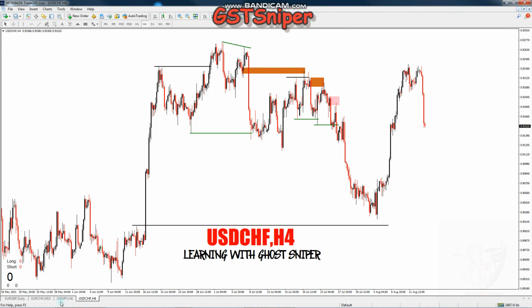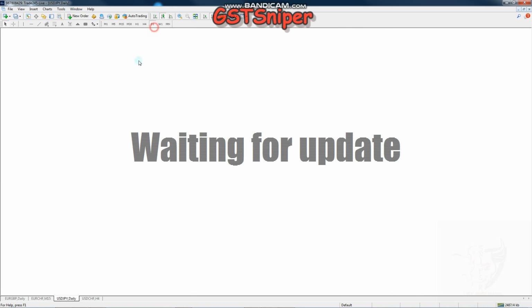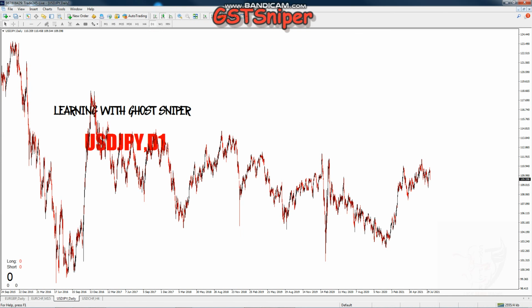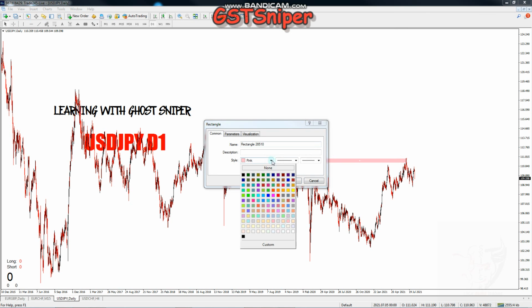Moving on to another pair, we're going to focus on USD and how it performed. We're going to begin from the daily chart. As you can see from the daily chart, price respected the structure from there, and that is our significant base up there.